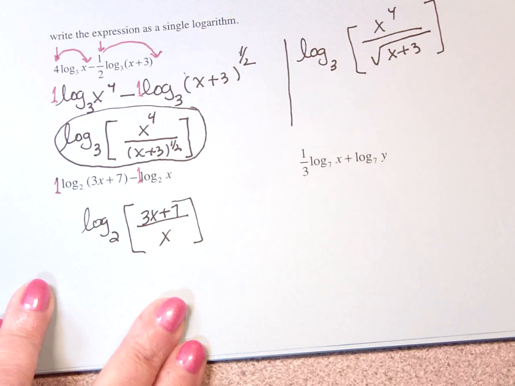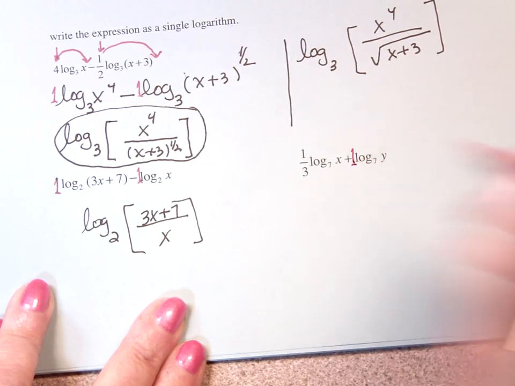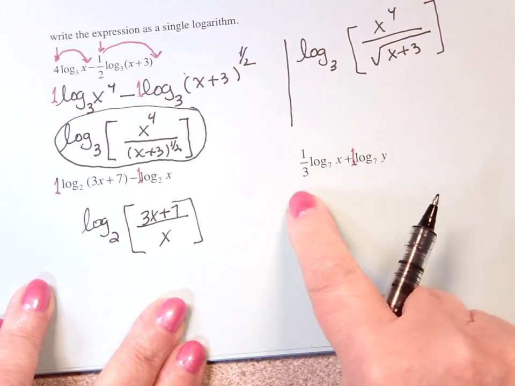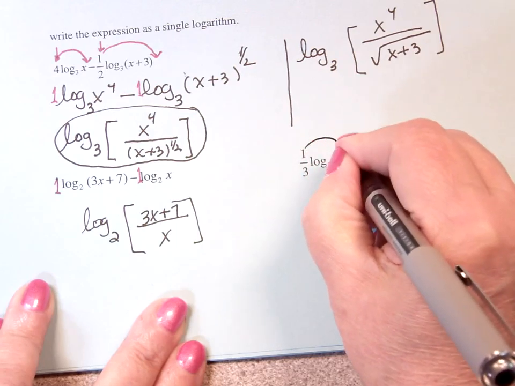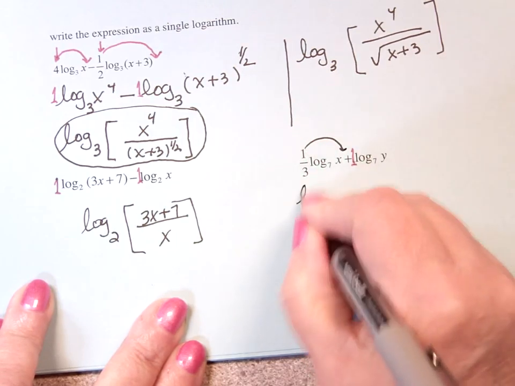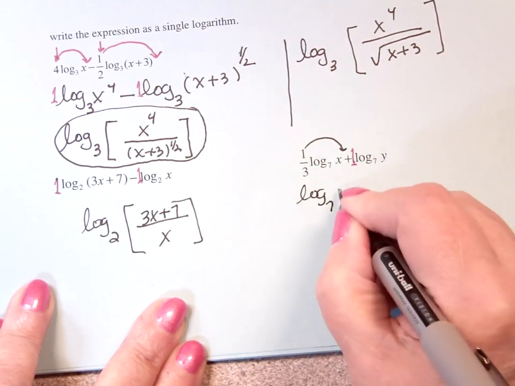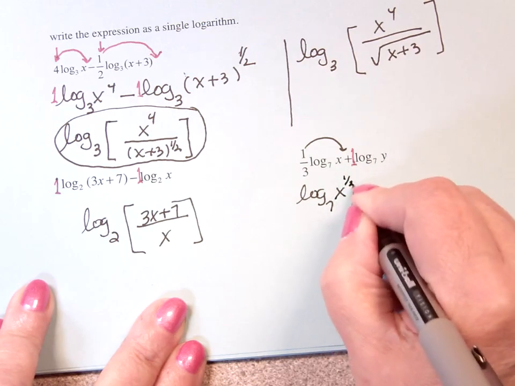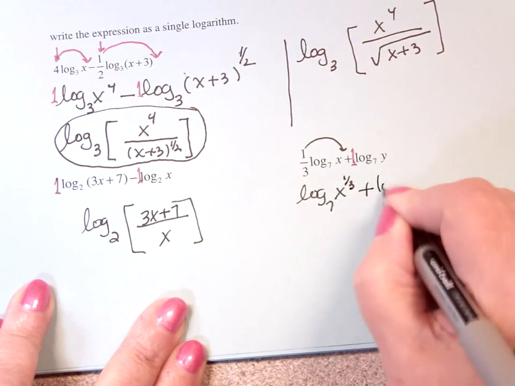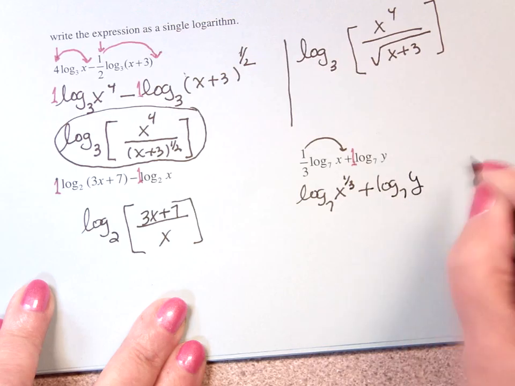Now here I notice the coefficient of this logarithm is 1, this one is not. So I'm going to have to bring the exponent up first. So this is log base 7 of x to the 1/3 power plus log base 7 of y. That's property 2.